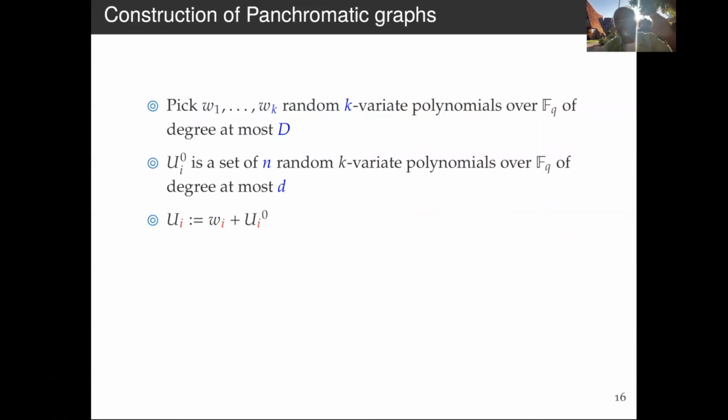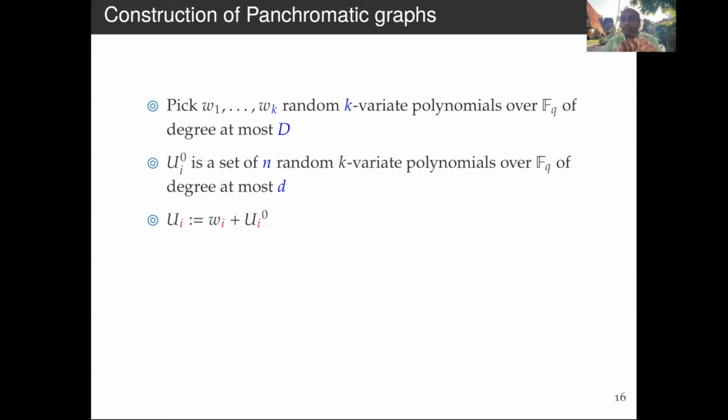And our U_i, which are the vertices on the left side, the k color classes, the U_i is going to be defined as follows. First we pick n random polynomials, which are k-variate again, but of degree little d, which is much smaller than the uppercase D. So you have, say, P_1, P_2, up to P_n, and you're going to associate to U_i the polynomials, like every vertex in U_i is going to be the polynomial P_j plus W_i, where j runs over 1 to n, and the W_i is fixed for U_i.